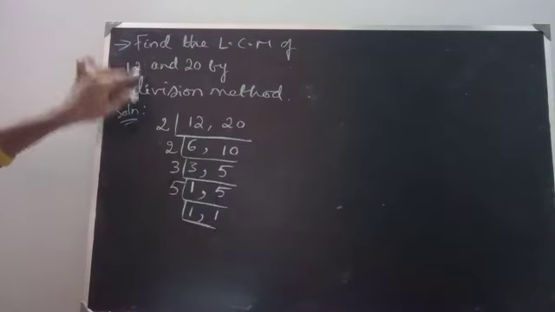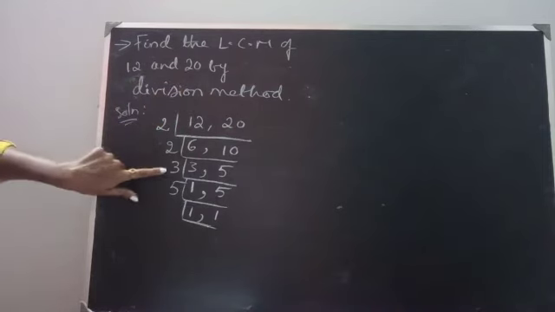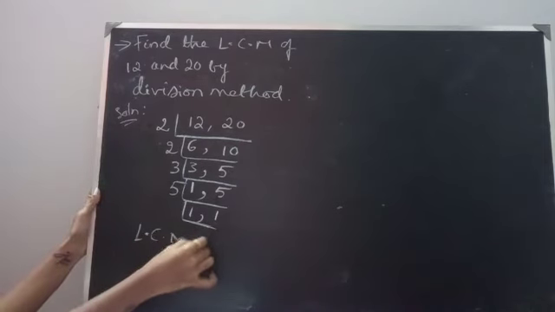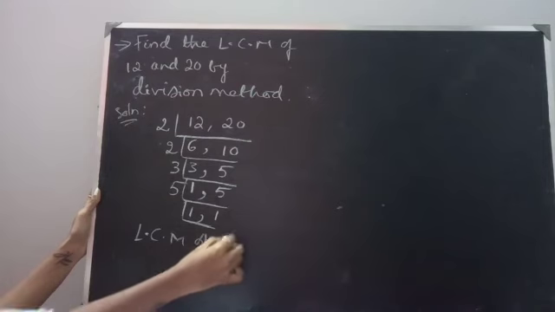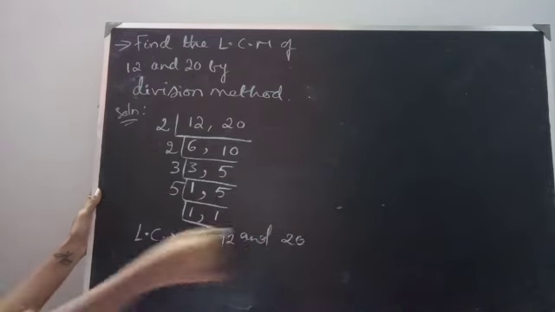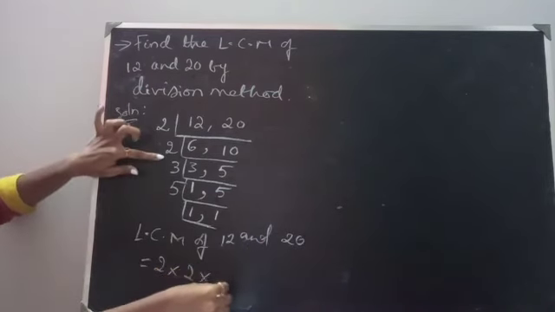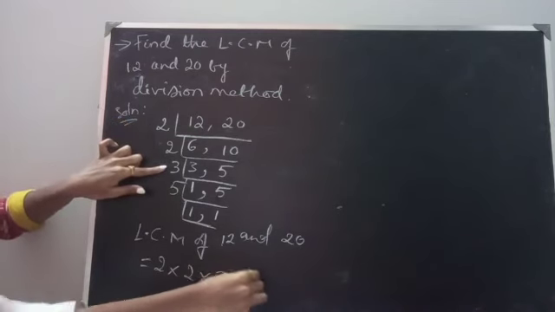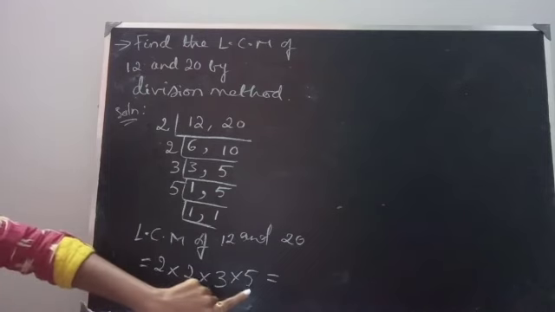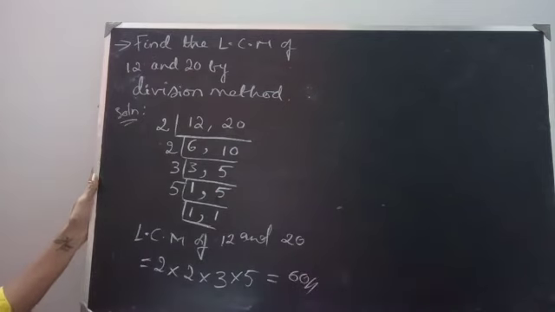So LCM of 12 and 20 is 2 into 2 into 3 into 5. 2 twos are 4, 4 threes are 12, 12 fives are 60. So the answer is 60.